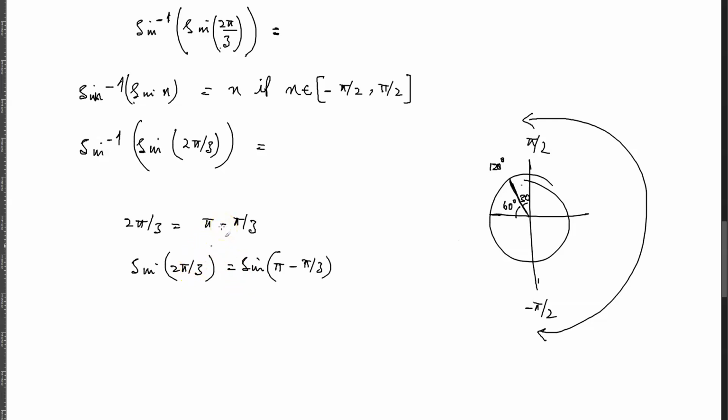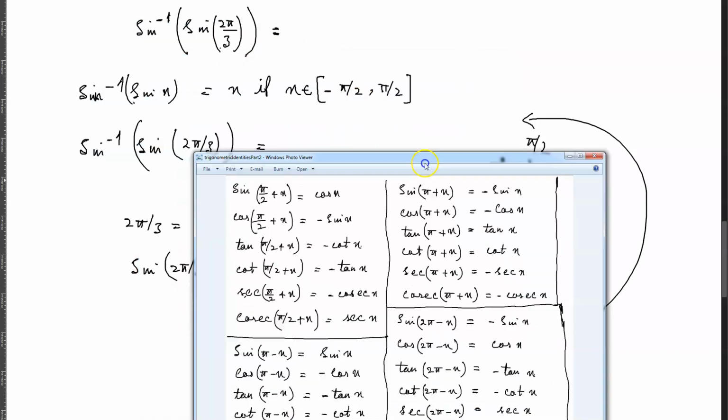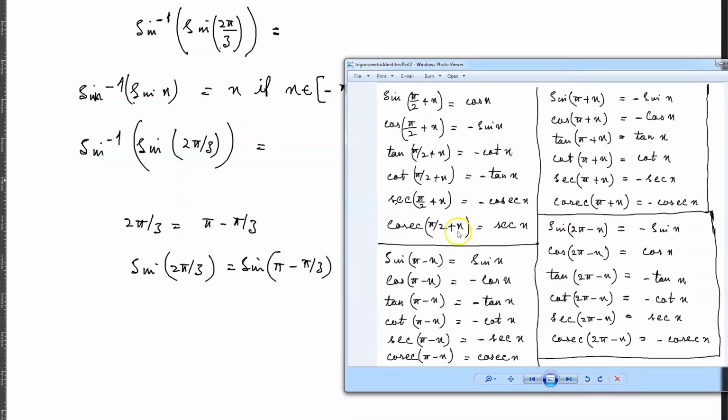But of course I need to check whether my formula is correct, because otherwise I wouldn't be able to use it here. So let me take a look at these formulas. Now you can see that if I write the sine of x is equal to sine of pi minus x, you have no negative sign over there, so you have no problems.